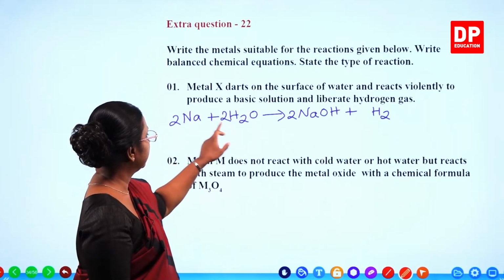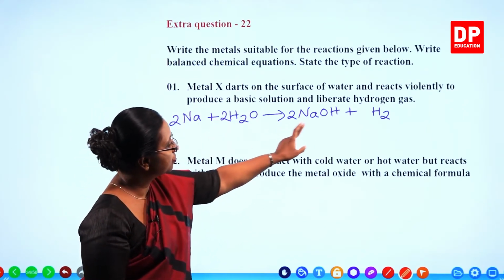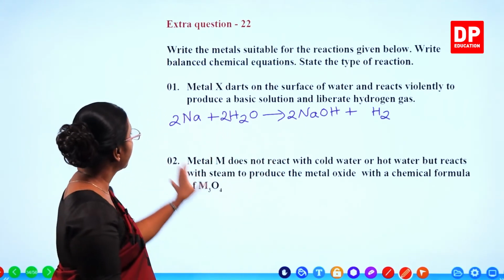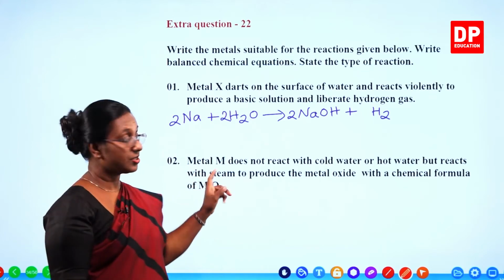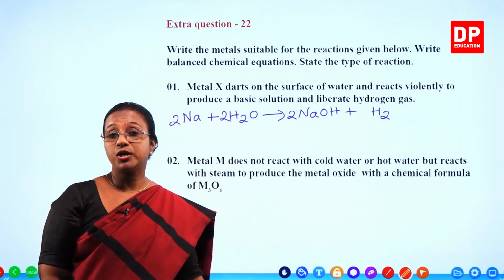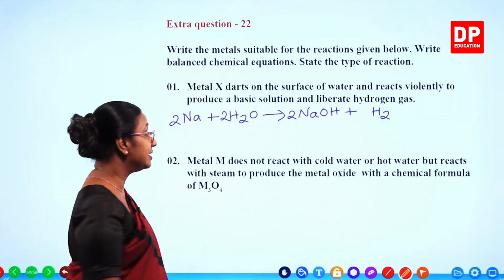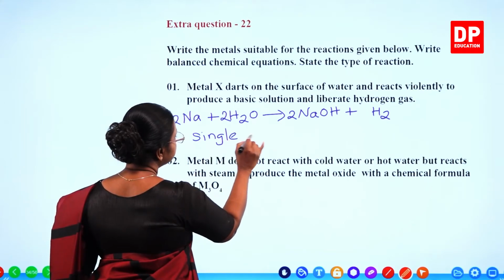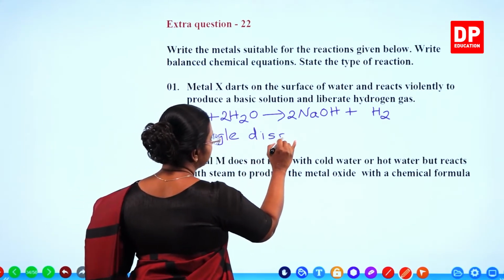So 2 sodium, 4 hydrogens, 4 hydrogens, 2 oxygens and 2 oxygens. What type of reaction is this? Sodium displaces hydrogen from water. So it is a single displacement reaction.